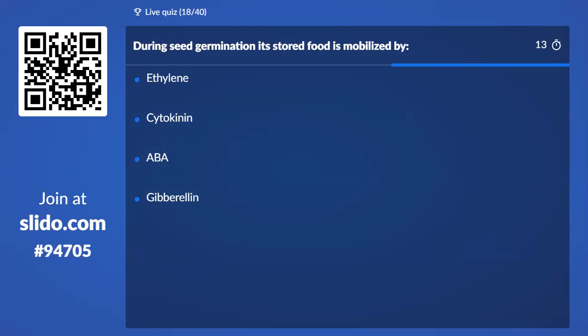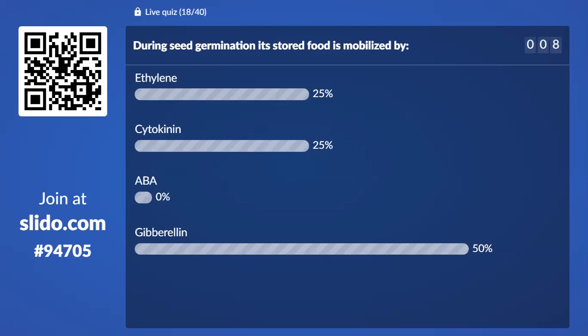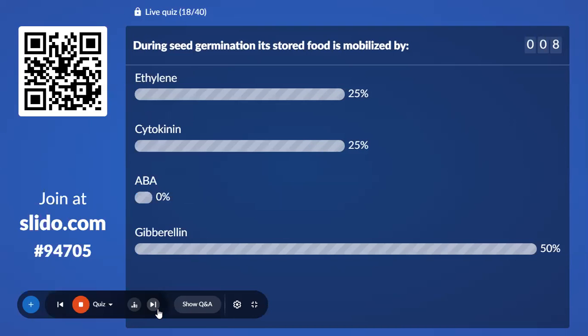Stored food mobilization takes place with the help of which phytohormone? Majority vote on the screen: 0 for abscisic acid and 50 for gibberellin. Correct answer by 50% of the students, and the answer is gibberellin.